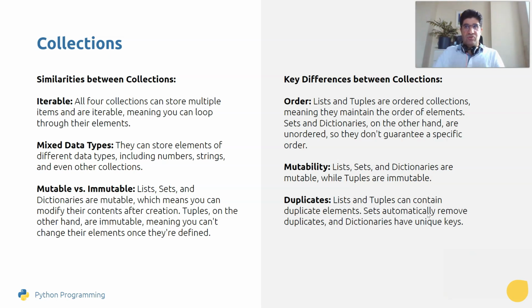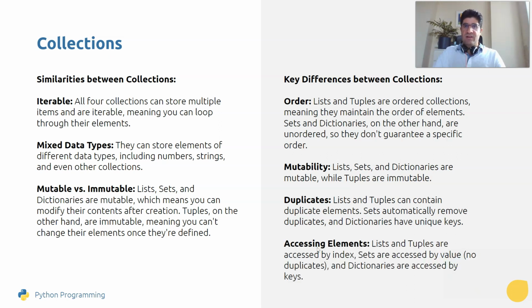But a set automatically removes any duplicate values, and a dictionary has unique keys. We cannot have a duplicate key, and because of that, we cannot include duplicate keys, and they are not ordered.